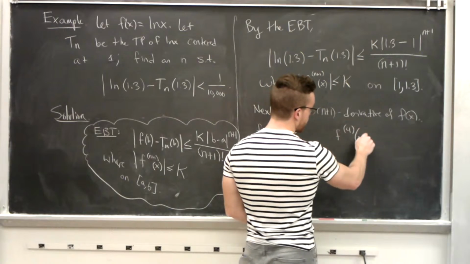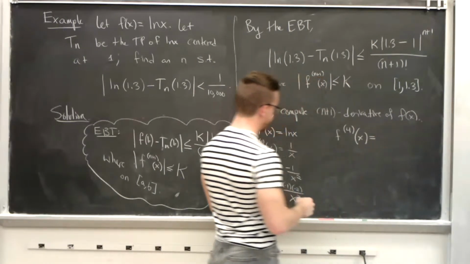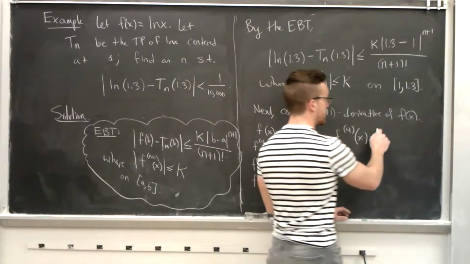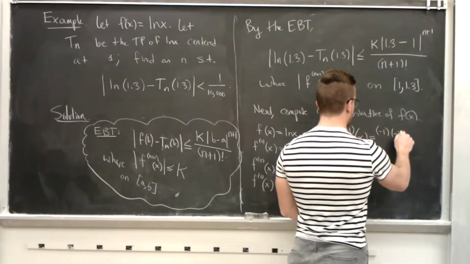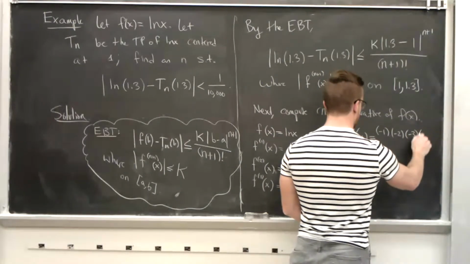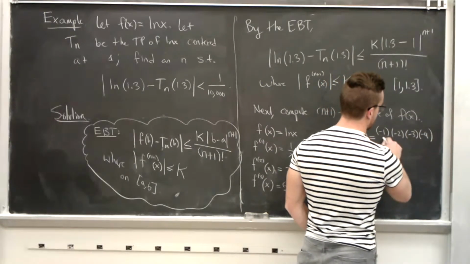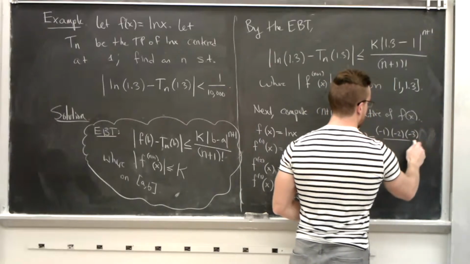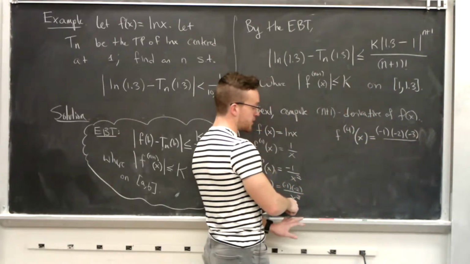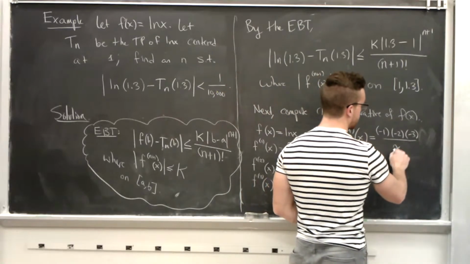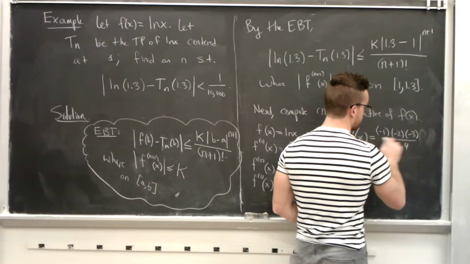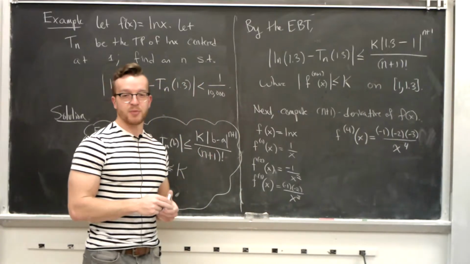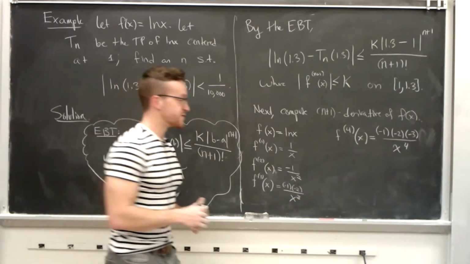The fourth derivative, I would bring down the negative 3. Whoops, I was getting ahead of myself. Bring down the negative 3 and then decrease the power to negative 4. I get that. And I think I'm seeing the pattern, but let me do one more just to make it really clear.